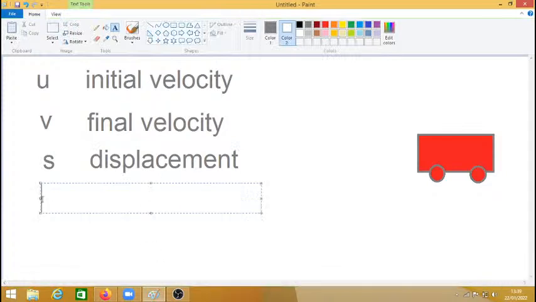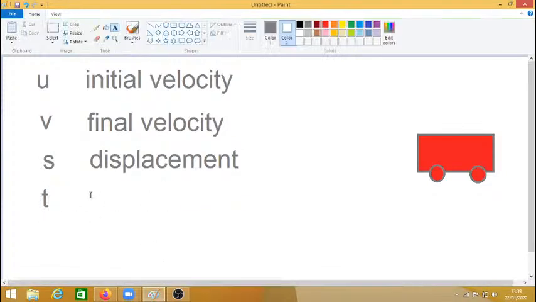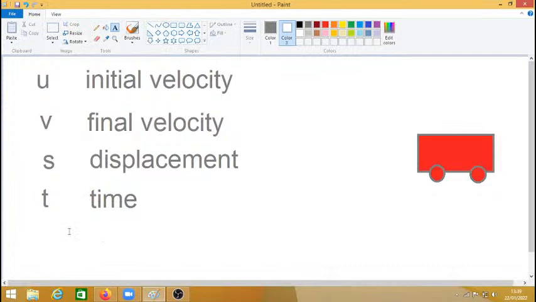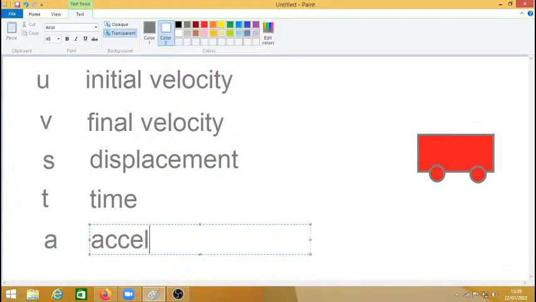Then comes how much time did it take, and we're going to use the letter t for time, typically measured in seconds. And then sometimes a vehicle will go faster and faster and faster. That's known as acceleration, so we're also interested in knowing about the acceleration.